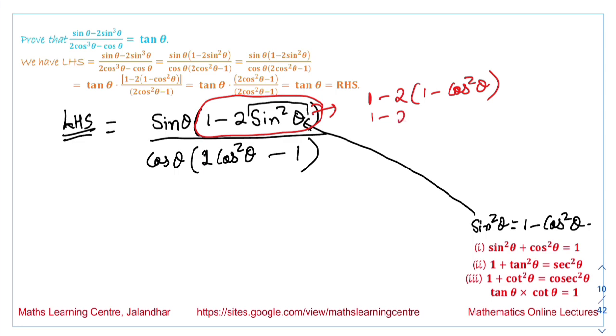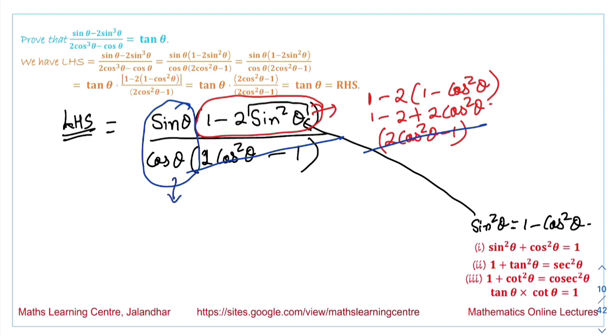So this is 1 minus 2 plus 2 cos square theta. This is equal to 2 cos square theta minus 1. Now this part 2 cos square theta minus 1 and 2 cos square theta minus 1 get cancelled and what we are left with is sin theta over cos theta, that is equal to tan theta and that is equal to RHS.